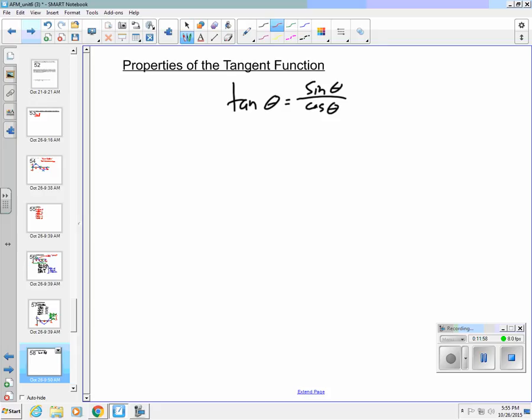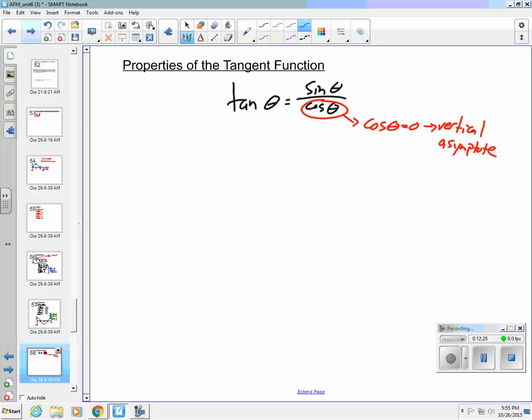Alright, so thinking back to what we did with rational functions in Math 3, anytime we have a denominator 0, it's going to create a vertical asymptote. So if cosine is 0, the tangent function will have a vertical asymptote. Right, so there'll be some values that are not in the domain for tangent.